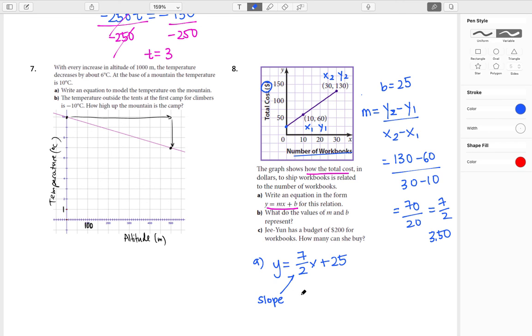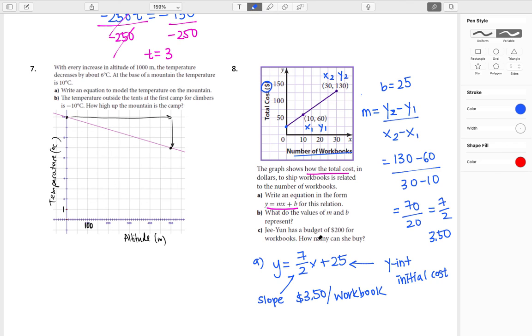That means it's $3.50, the y value, per the number of books, which is per each workbook. So that is the slope. Each book is going to be $3.50, and our y-intercept in this case tells us the initial cost to ship the workbooks.